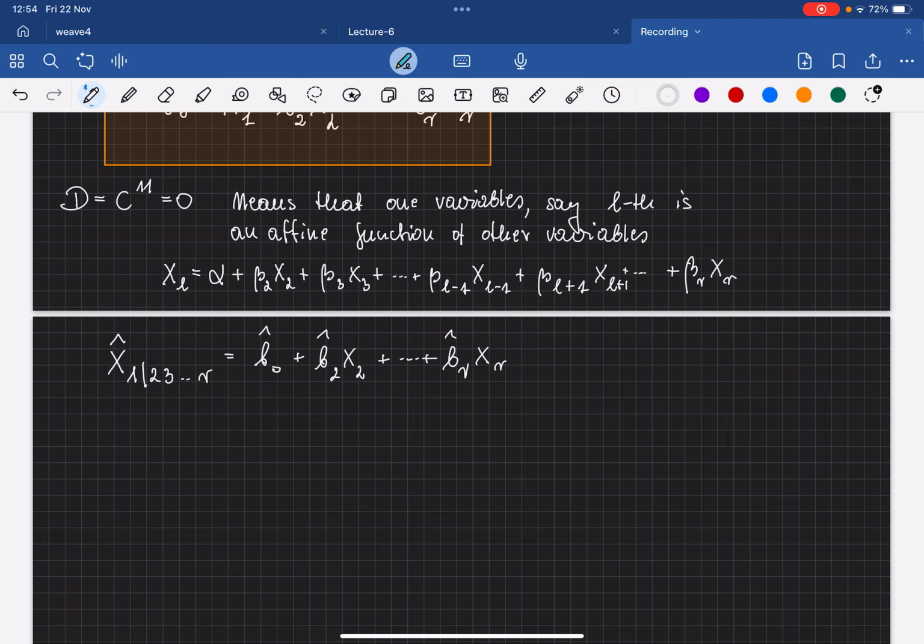So the estimate of error, if we don't use this information, is the total sum of squares, which is just the sum over all elements of the sample of the difference between actual value of x1 and the mean value of x1, or rather sample mean.